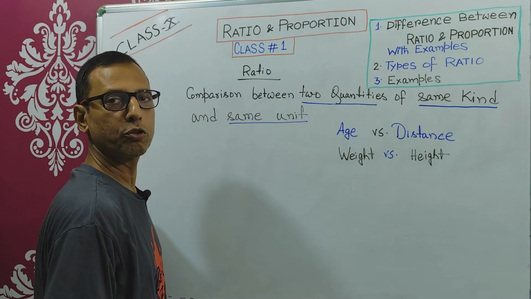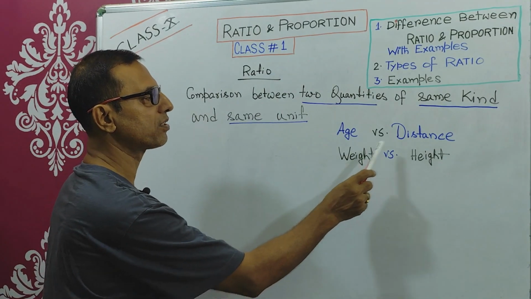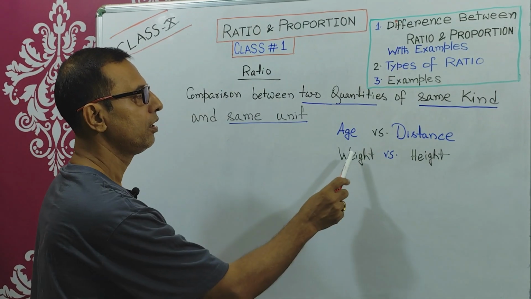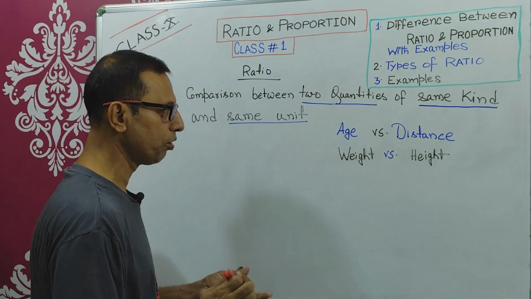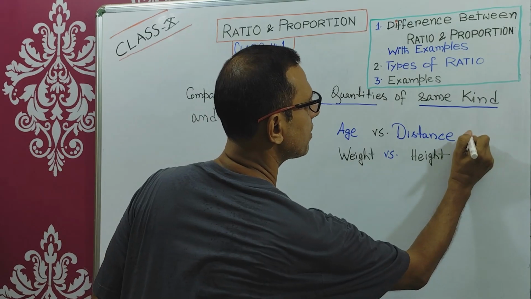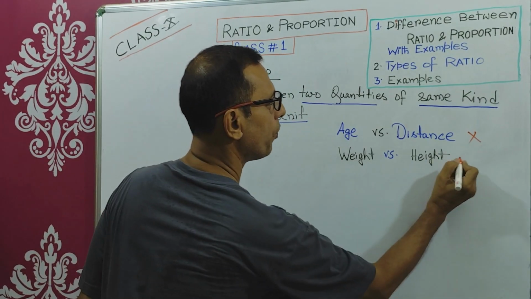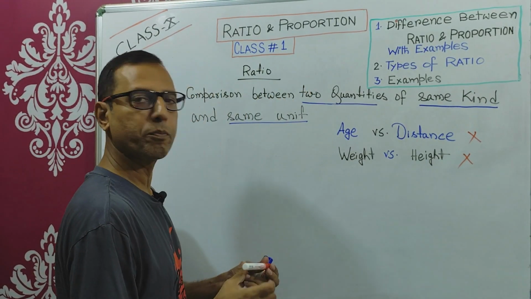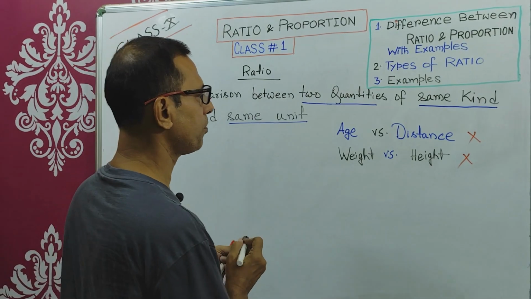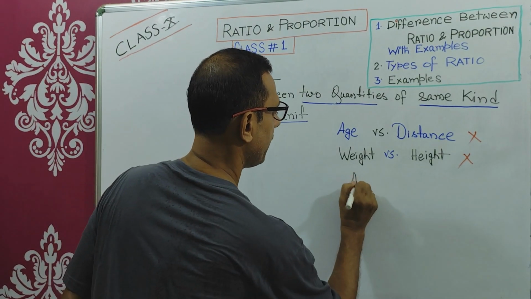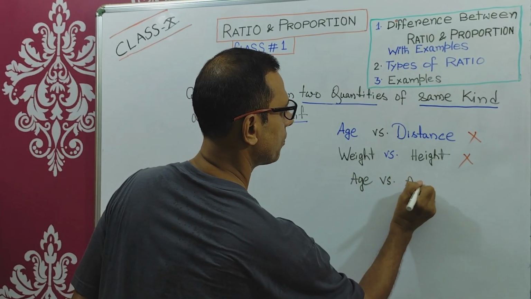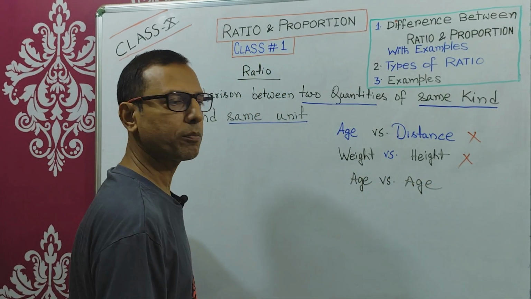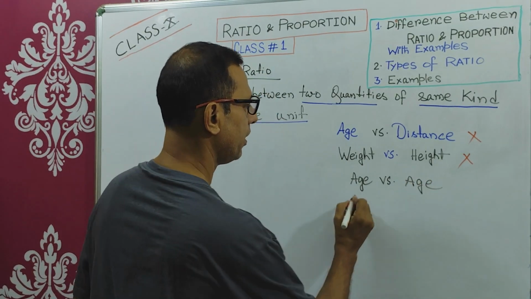It should be the same kind. Can you compare weight versus height? No, you cannot. Weight and height are two different kinds of entity. So age versus distance is not possible, and weight versus height is not possible. So what is possible? Age versus age, yes, it's possible.